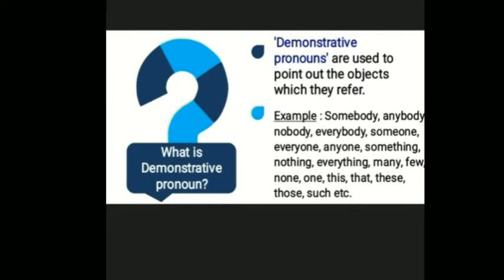The next one is the demonstrative pronoun. So let's learn what it is. We all know that demonstrate means to show or make something clear, and we use the demonstrative pronoun to point out the objects which they refer to.